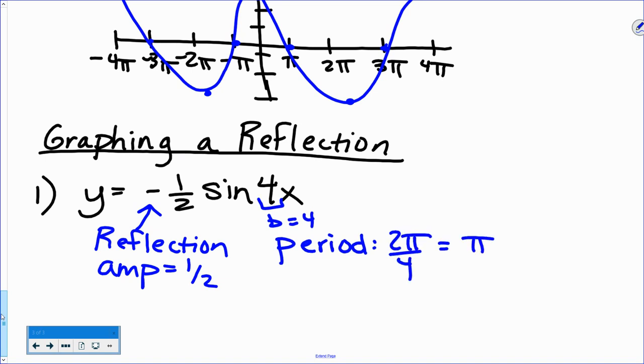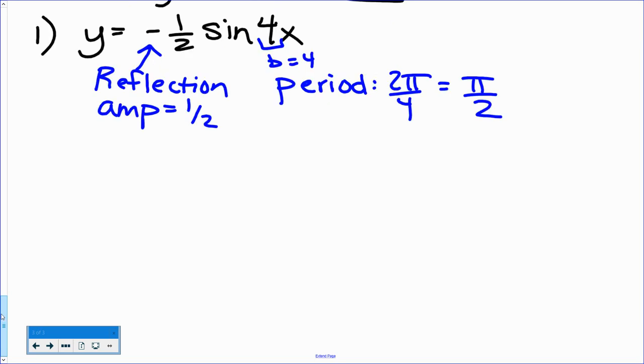So pi over 2 will be where this graph ends for one full cycle. The larger that number, the tighter and smaller the graph is going to be, because I have to divide by that number. Let's make a sketch for this graph.